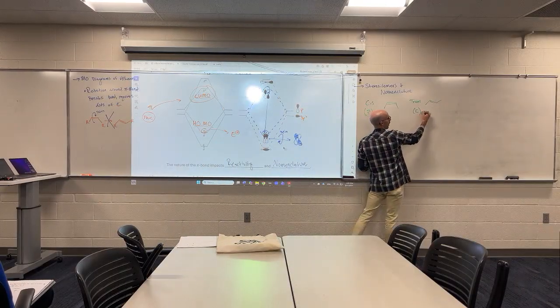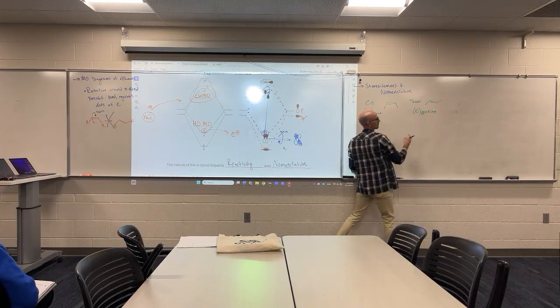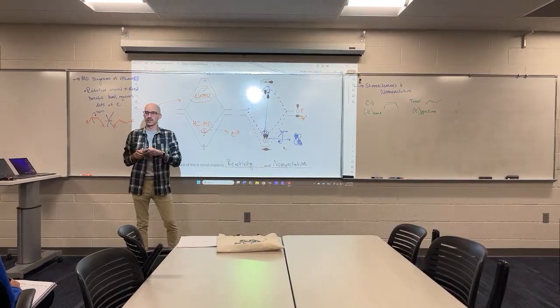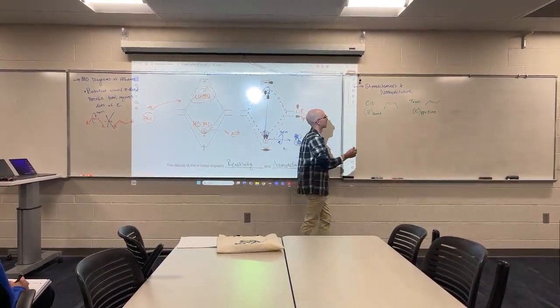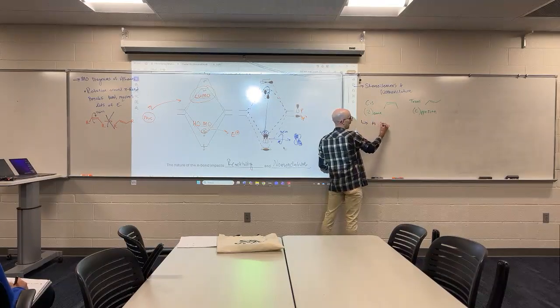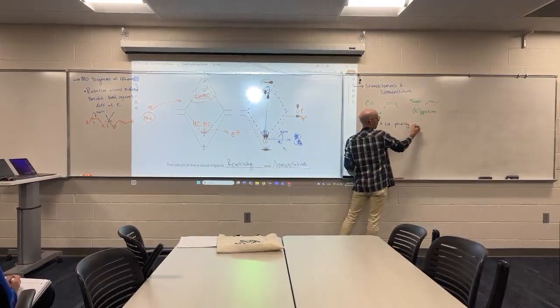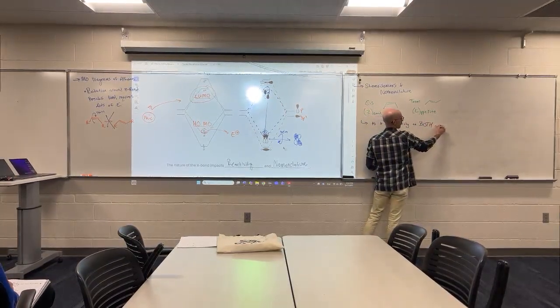E is they're on the opposite sides. But what are they? What are the things that are on the same side or on the opposite sides? We're looking for high and low priority on both carbons.